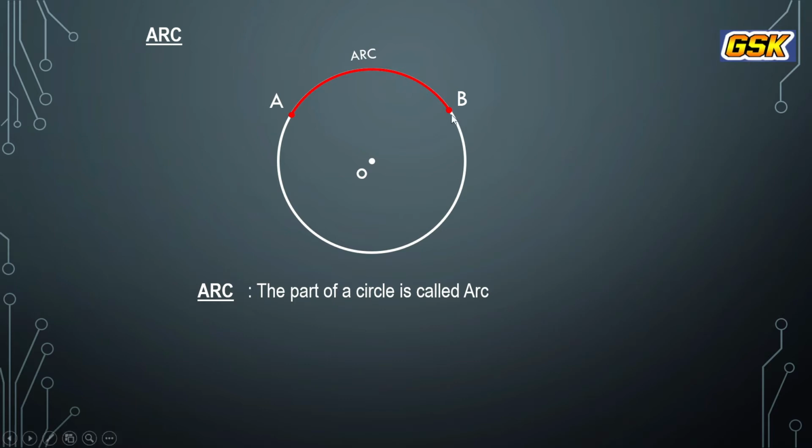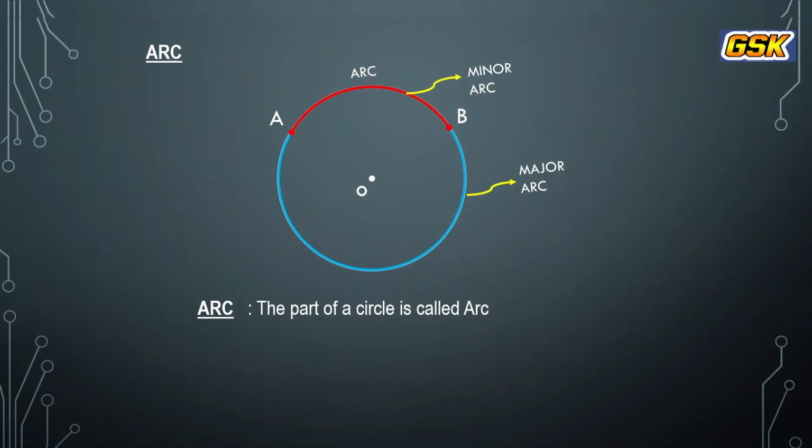And it is the smaller portion of the arc. We can also call it as minor arc. And the remaining part of the circle is also an arc and we call it as major arc. Okay, what is arc? It is a part of a circle.